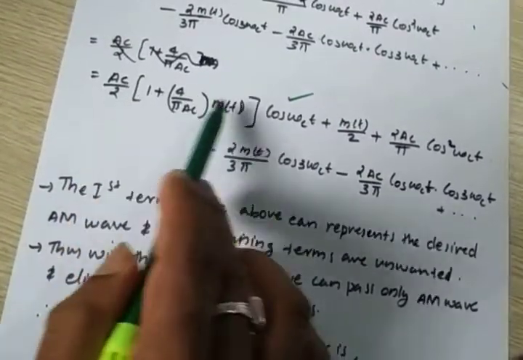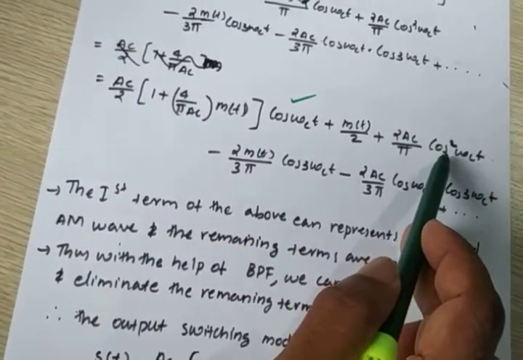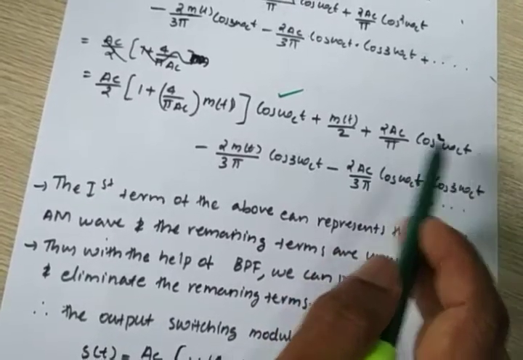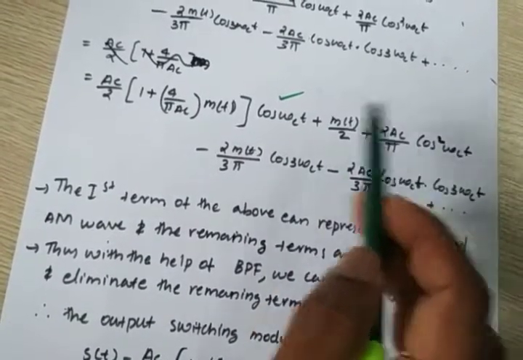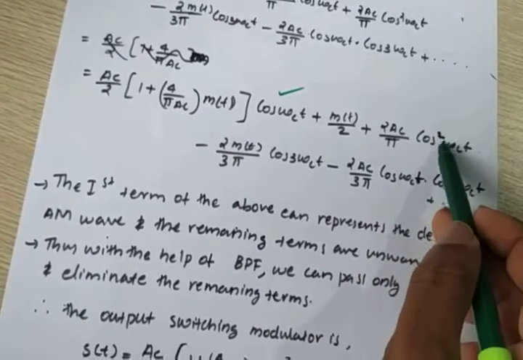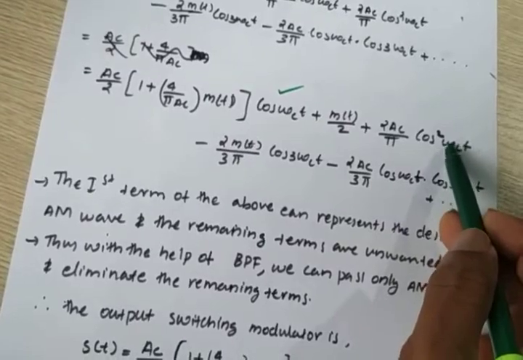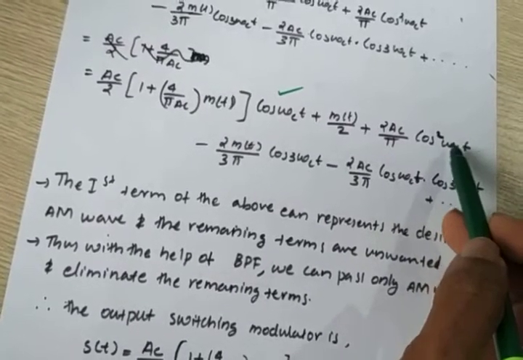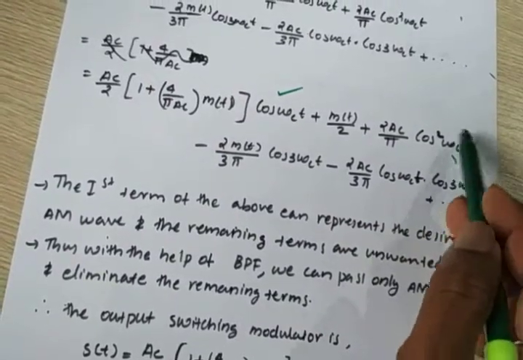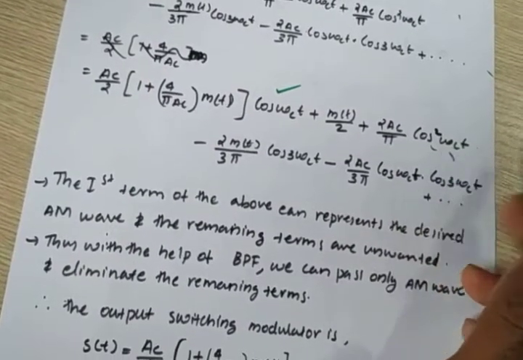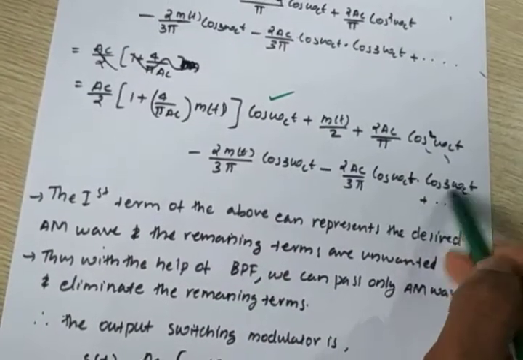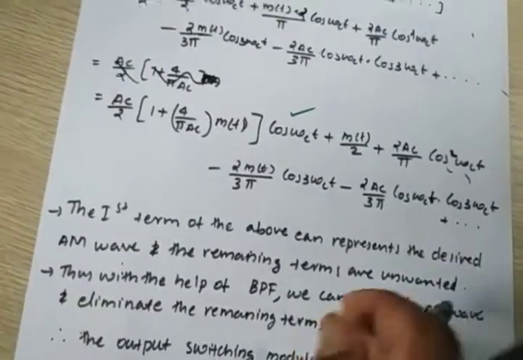Cos square omega c you can write as 1 plus cos 2 omega ct by 2, since cos square theta is 1 plus cos 2 theta by 2. Then it becomes cos 2 omega ct, double of omega c, which will not pass through our band pass filter, because it passes only omega c. Here 3 omega ct will not pass, here also 3 omega ct will not pass.